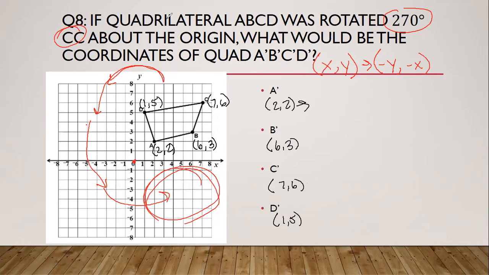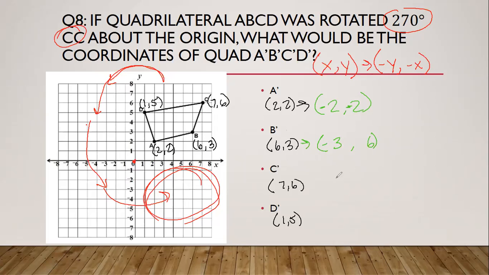So I'm going to flip each one. This one is actually nice because it's (2, 2). Since they're both positive and I need to change the signs, now it's going to be (-2, -2). Okay. For B, they're a little different. First I'm going to flip their places. So I have a 3 and a 6, but they each need to change their sign.